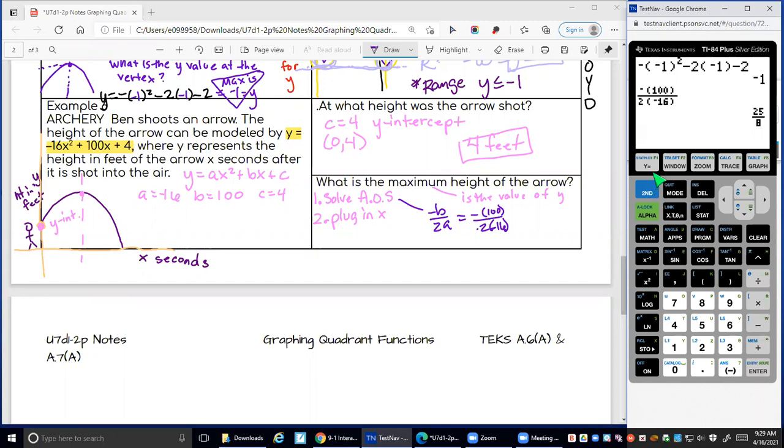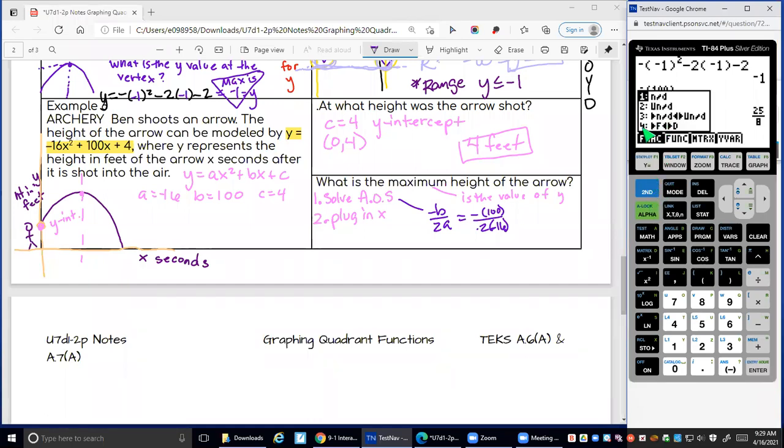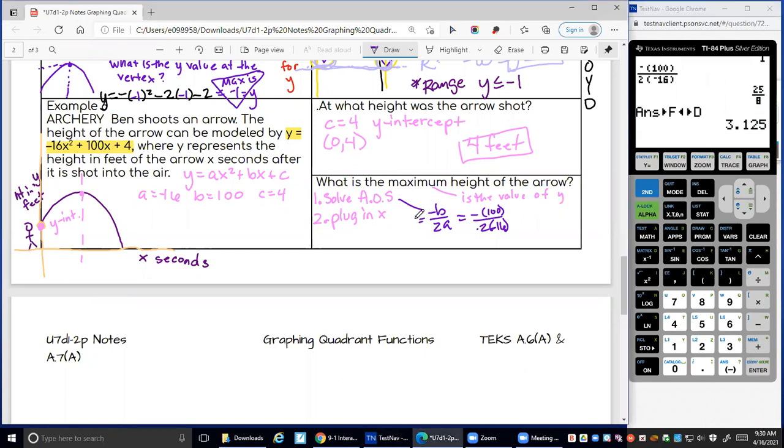The decimal, right? So let's change into a decimal. In order to do that, it's alpha y equal, and then see this option 4, fraction to decimal, decimal to fraction. We select 4 and enter. So we know that right now our x, because this is for x, is equal to 3.125. Do not round it at this point, okay?